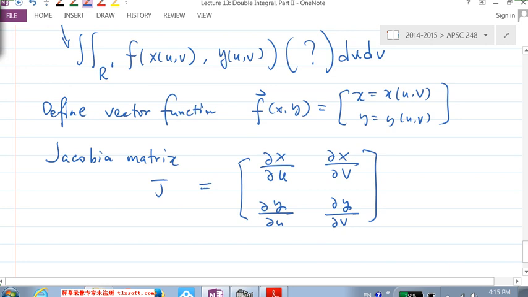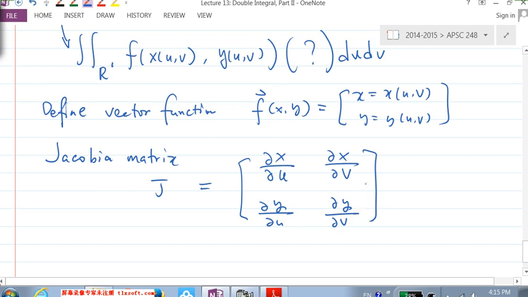Does that ring a bell? No? Really? I thought you learned this. Not yet? That's okay. Just accept this as a definition. You ask me where this is from? Who knows? A mathematician came up with this matrix, and it turned out to be such a useful matrix.